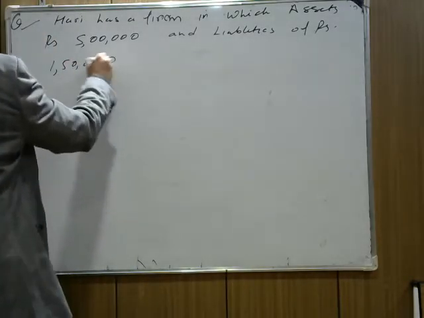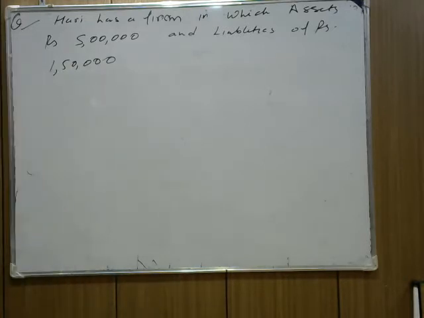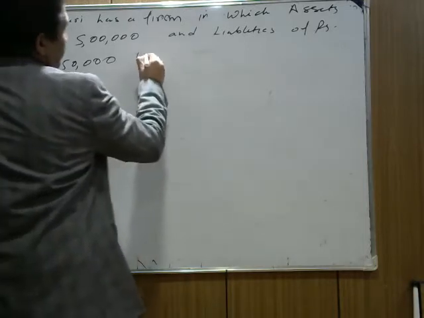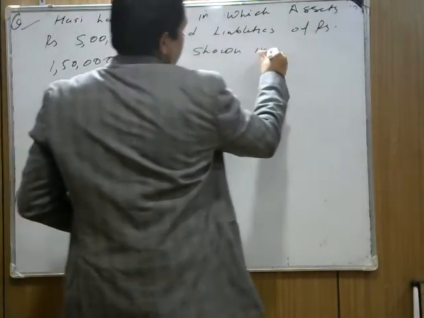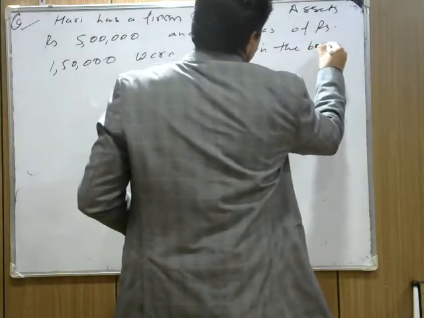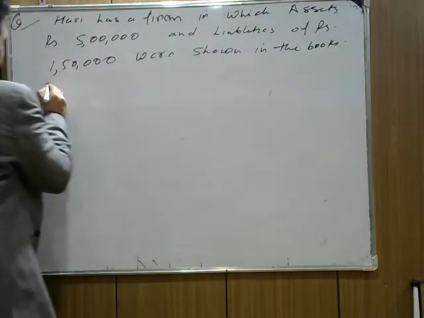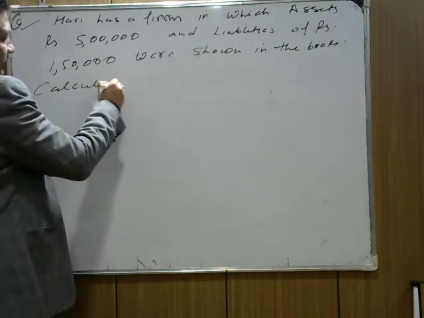Liability worth 1,50,000 was shown in the books. You need to calculate the capital of the firm.